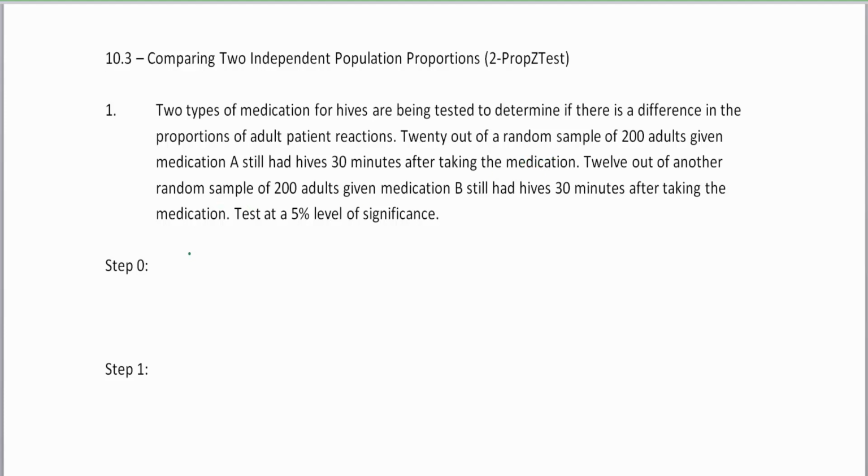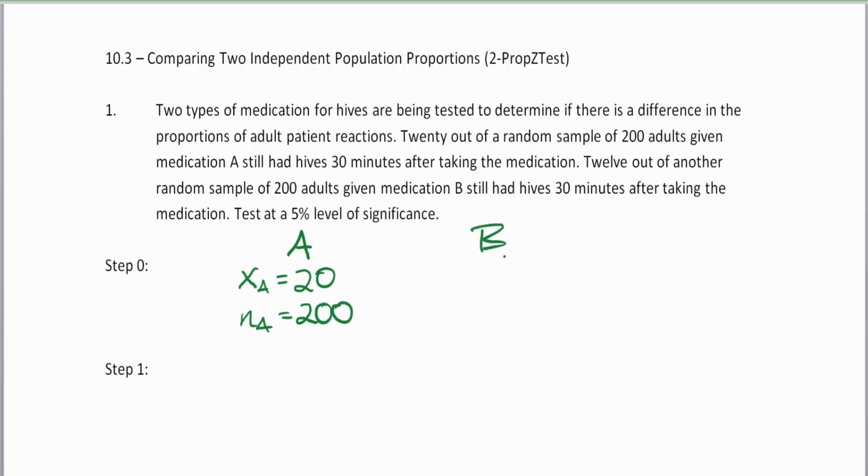And so the step 0 here, we're going to talk about medication A, and the X of A, which is the number of people who still had hives after 30 minutes, was 20. And our N of A, which is our total, is 200.